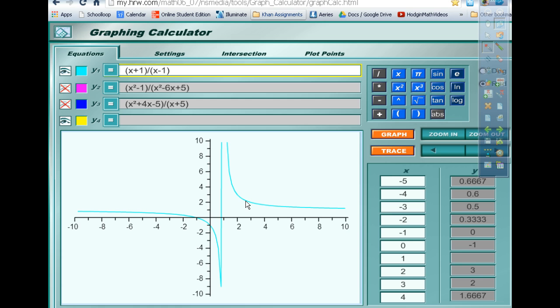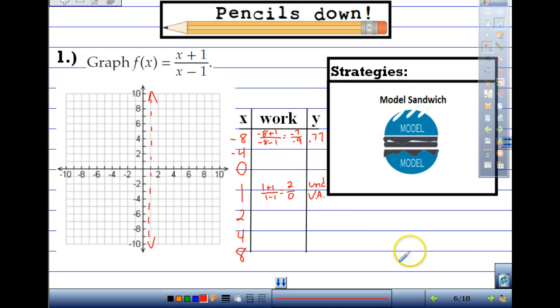And that's what you'll do for a majority of these. Find that vertical asymptote as if it was a vertex, pick some numbers to the left, some numbers to the right. Okay. And again, if you have a calculator that does a table, you'll be finished with these really fast, like I hope you are. Alright. So, we got that.